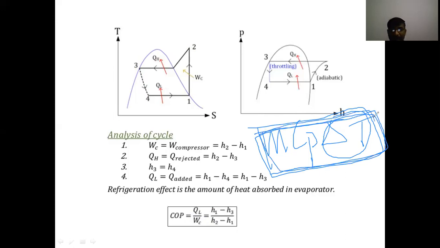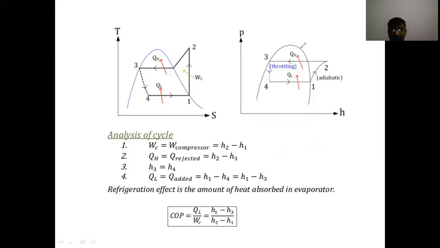This is only for sensible heat. This formula is used in the air refrigeration system for every process to calculate the temperature at each point, without any phase change. But if a phase change occurs in the cycle, we do not use m Cp delta T. We only substitute in terms of enthalpy change.